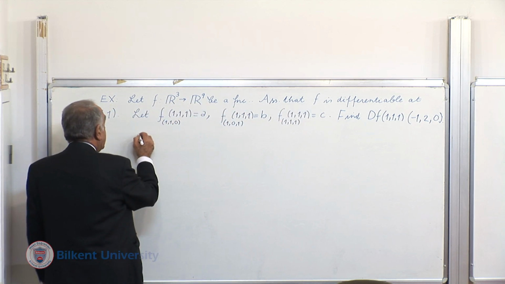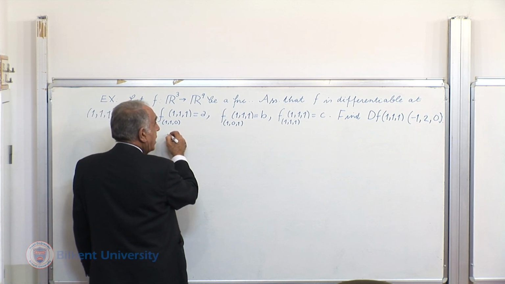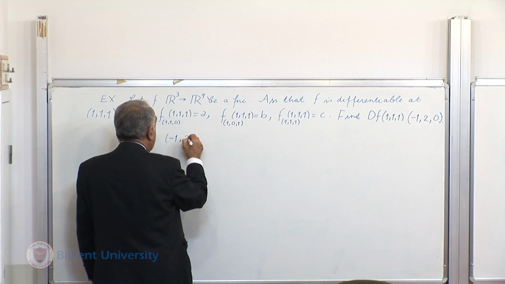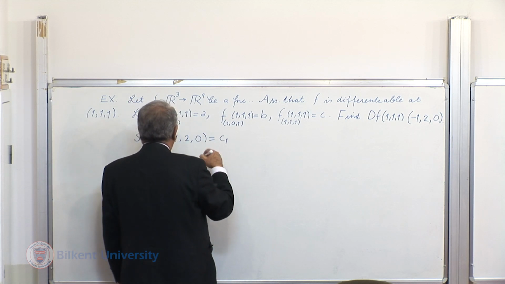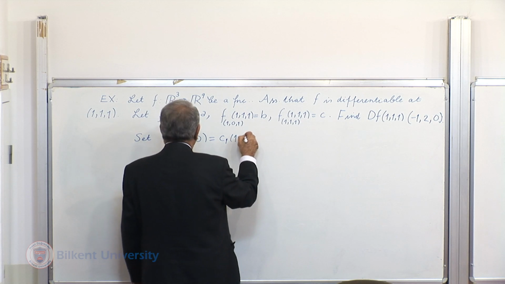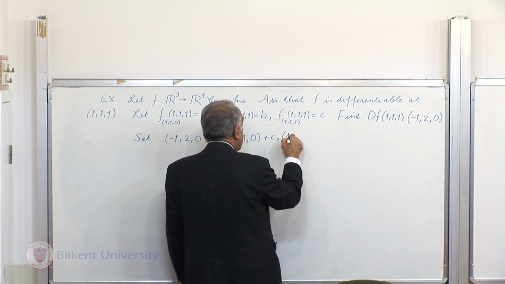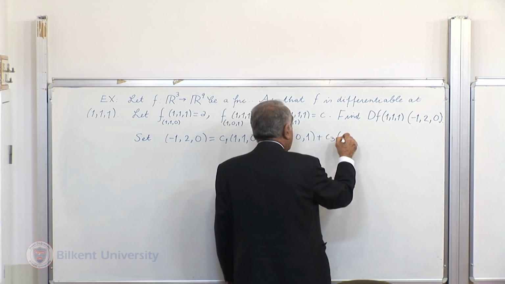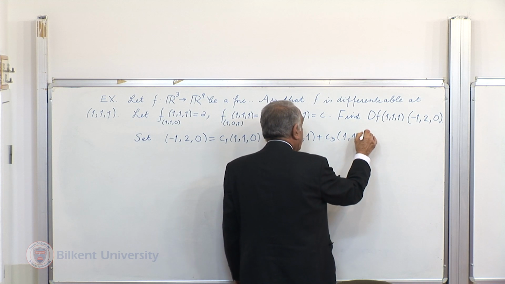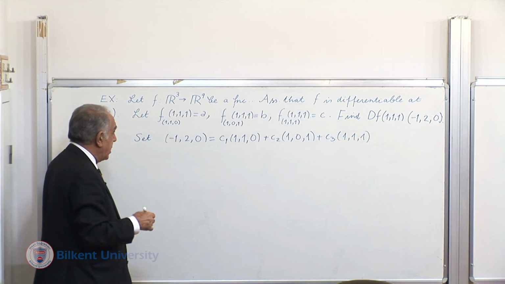Now, set minus 1, 0, 2, we wish to write it as C1 times 1, 1, 0 plus C2 times 1, 0, 1 plus C3 times 1, 1, 1. But this leads to three equations.